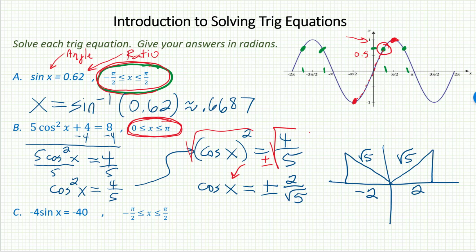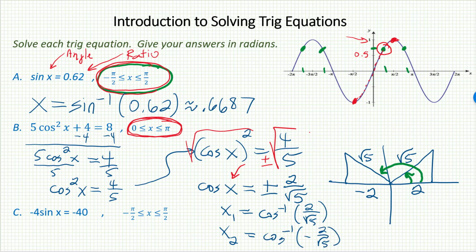So I have this first quadrant angle, and I also have this second quadrant angle. I can find those two angles easily by using the cosine inverse function. Cosine inverse knows about angles within that zone. So the first x value would be cosine inverse of +2 over the square root of 5. And the second x value, of course, would be cosine inverse of -2 over the square root of 5.